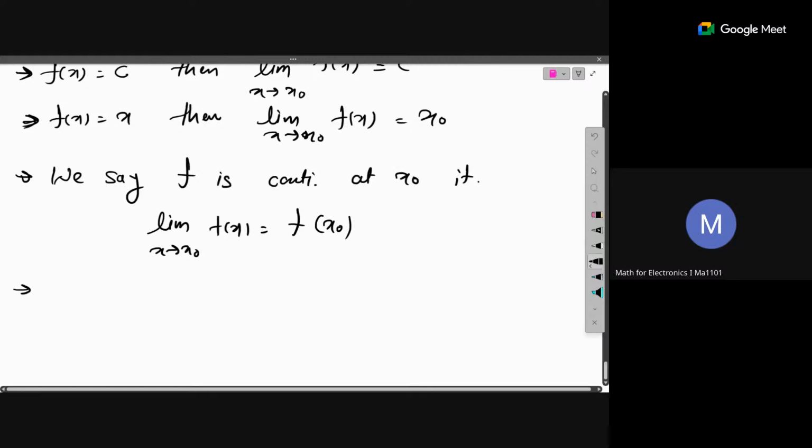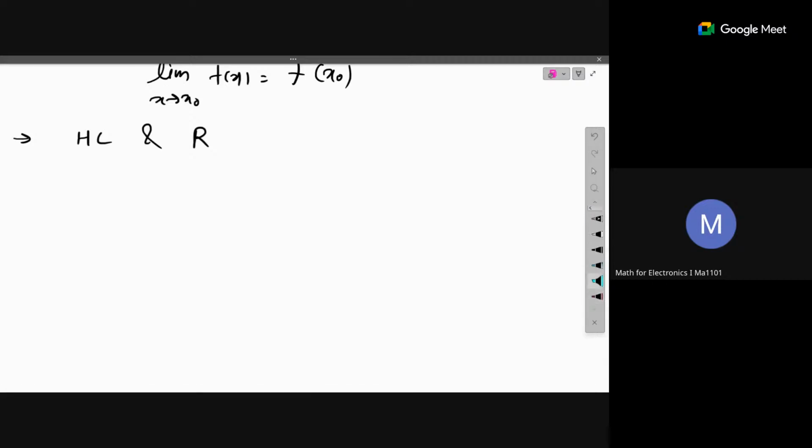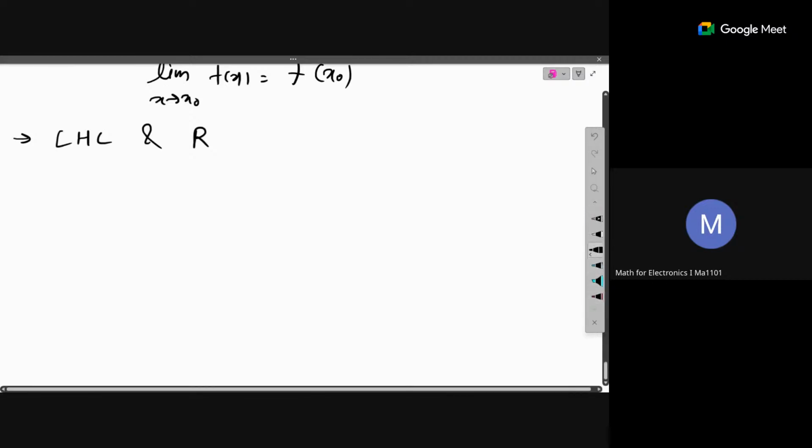Now let's try to break down two things. First is the left hand limit and the right hand limit. So what are the left hand limit and right hand limit sequentially? Suppose this is a point x naught.